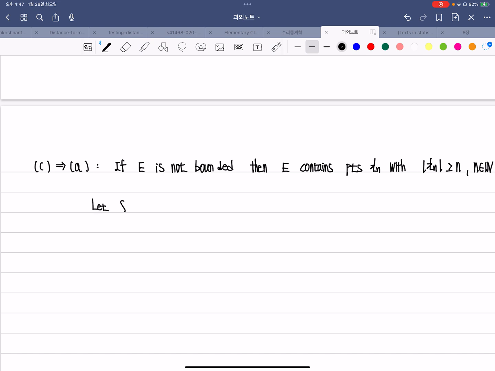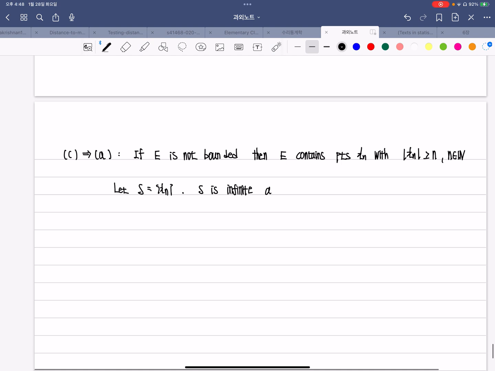Let S be the set of the xn. S is infinite and has no limit point in K. Thus, the norm of xn diverges, so there's no limit point.